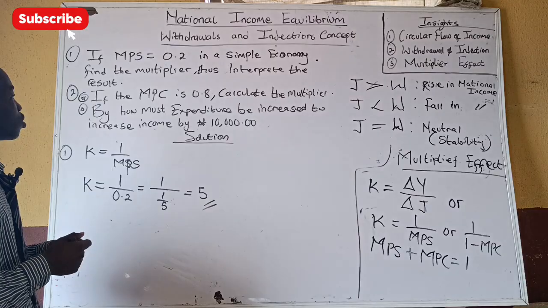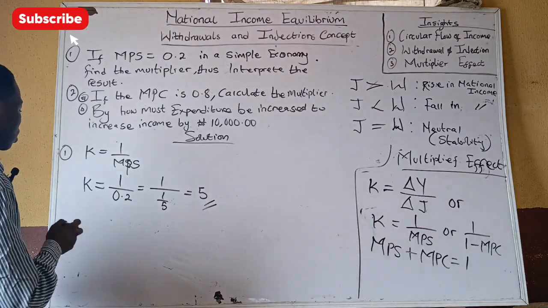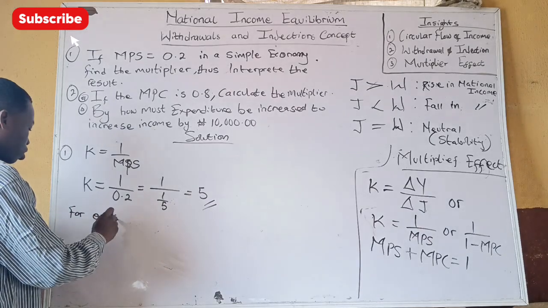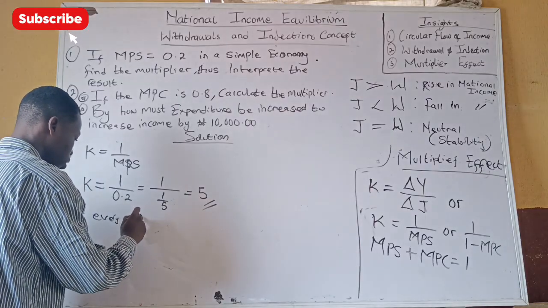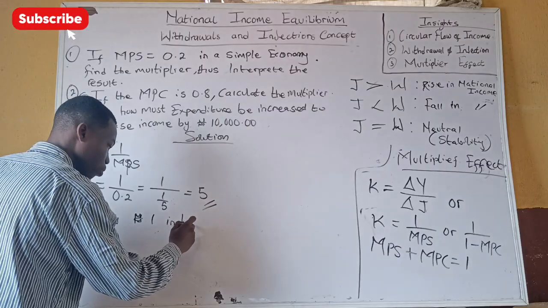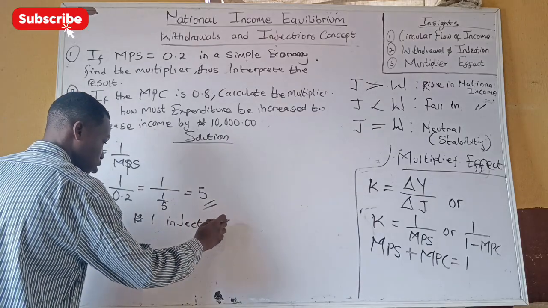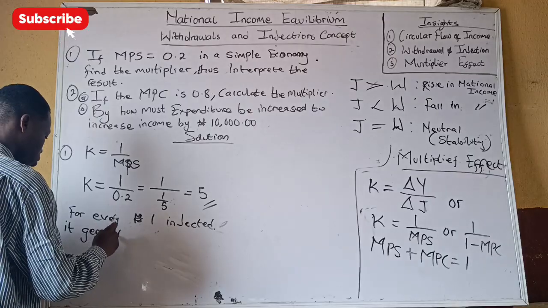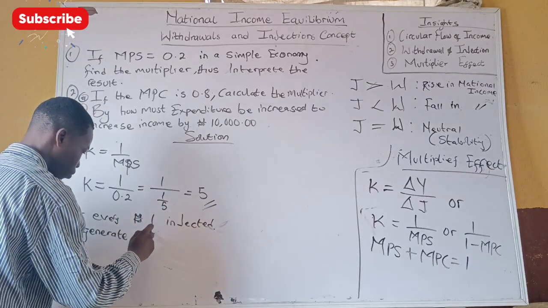It says that we should interpret our result. I said it the other time, so let me say it again. What this simply means is that for every 1 naira injected, it's going to generate how much? 5 naira.